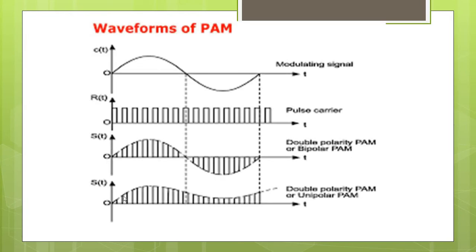So you can see the waveform is present only on the positive side of the x-axis. So this is the difference between double polarity and single polarity PAM. In double polarity, the waveform exists on the positive side and on the negative side of the axis, whereas in single polarity, it exists only on the positive side of the axis.